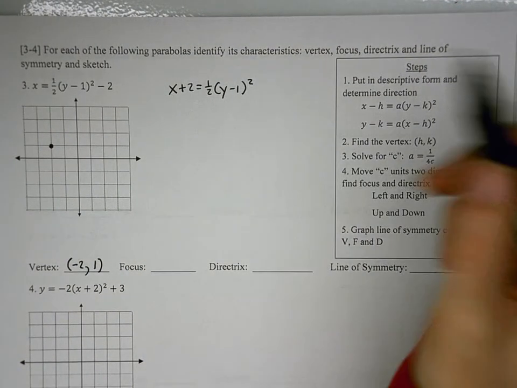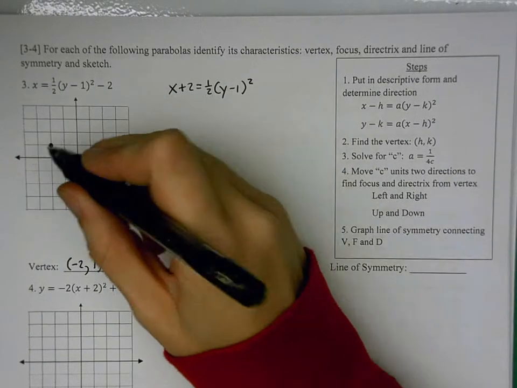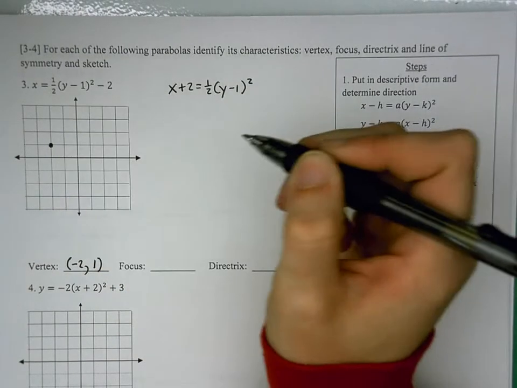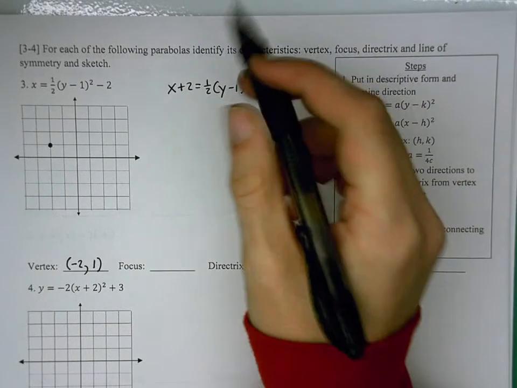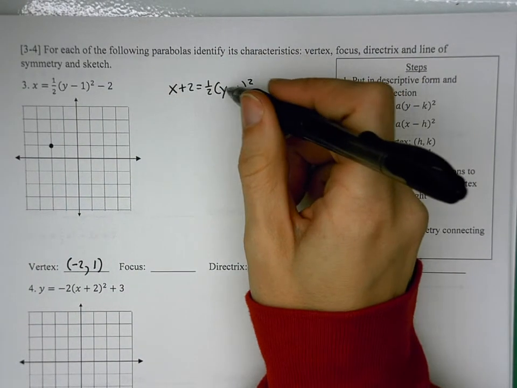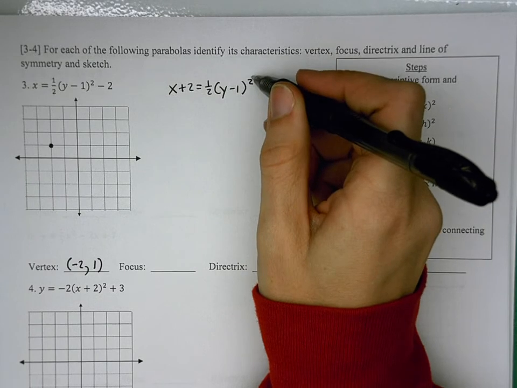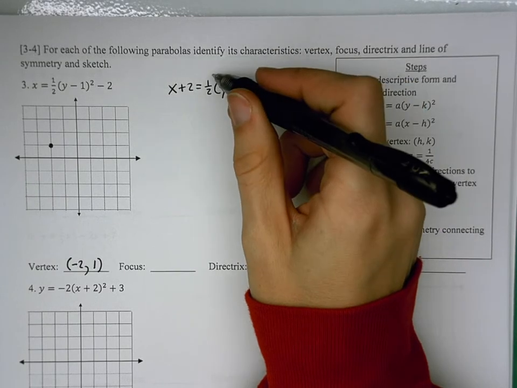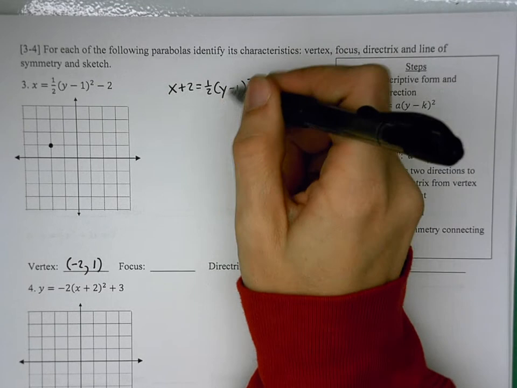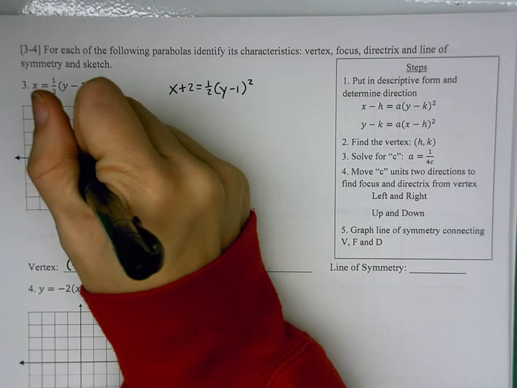So then plugging in other values. When y equals 2, I'm going to plug 2 in. 2 minus 1 is 1, squared is 1, times 1/2 is 1/2. Minus 2, subtracting that 2 over, would be negative 1/2.